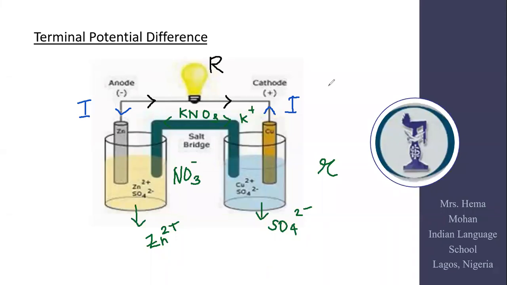Since the external resistance and the internal resistance are in series with each other, they make up the total resistance of the closed circuit, which is going to be R plus r. So please get that very clearly.